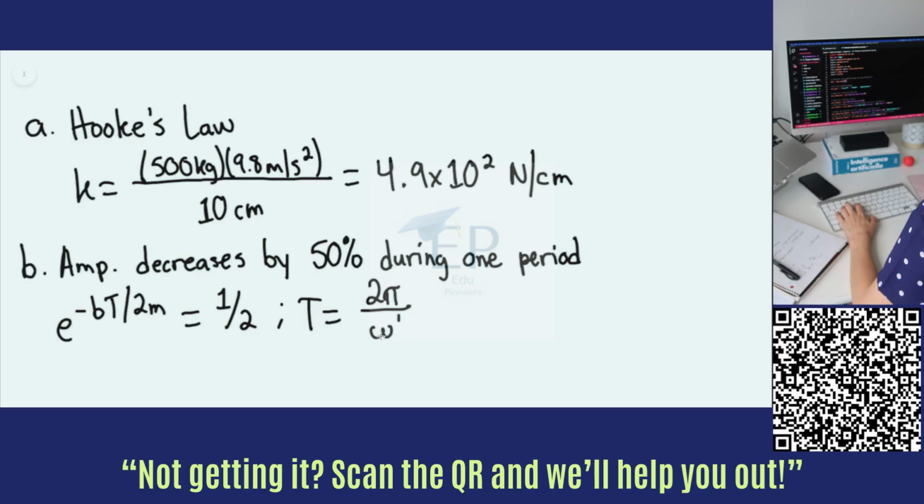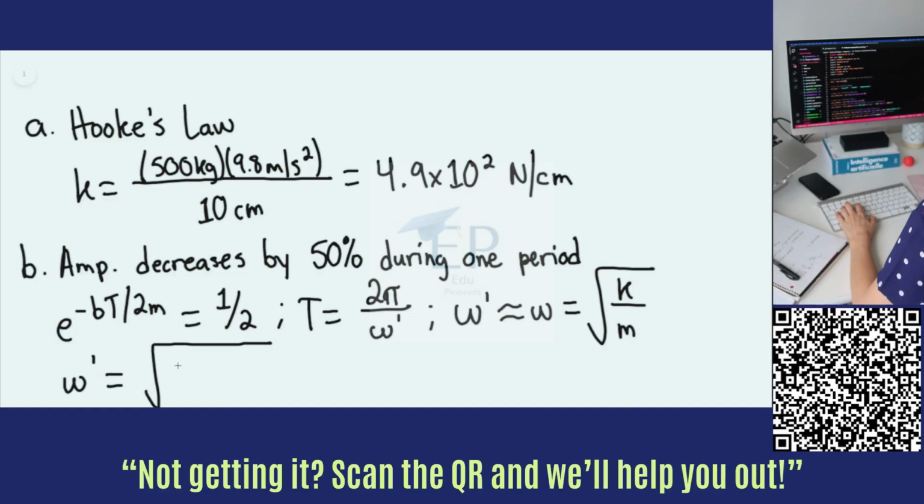The problem asks us to estimate where the angular frequency prime is approximately equal to the original angular frequency, so this is going to be equal to the square root of the spring constant divided by the mass m. So we can say omega prime would be equal to the square root of 49,000 newtons per meter divided by 500 kilograms, and this is approximately equal to 9.9 radians per second.